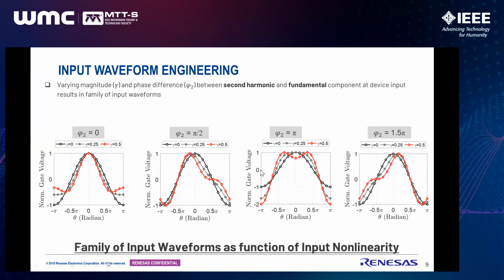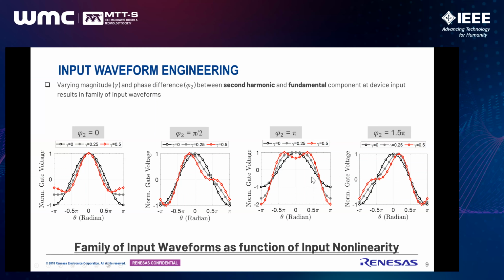So from normalized, if we take from 0 level, that's going to be transferred into the drain current. From the black one to the red one, this is more like a rectangular and extended shape. For that one, the device conduction angle is going to be increased.